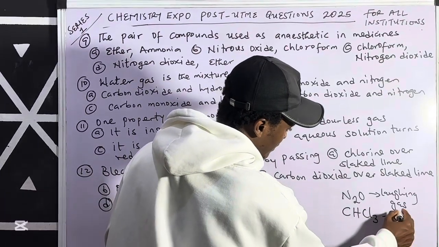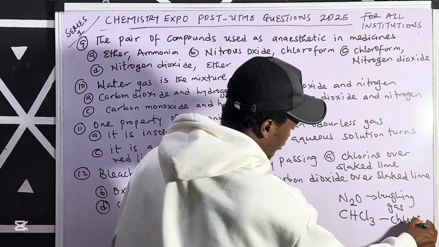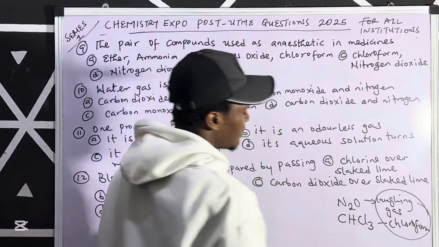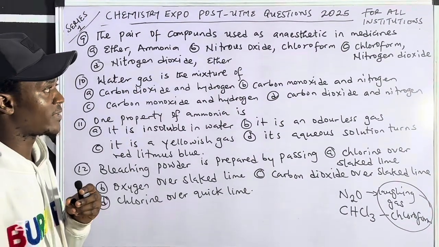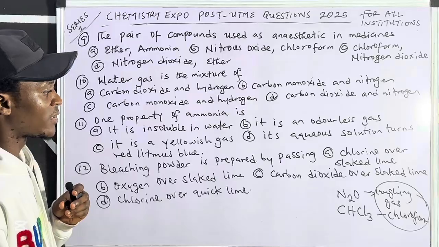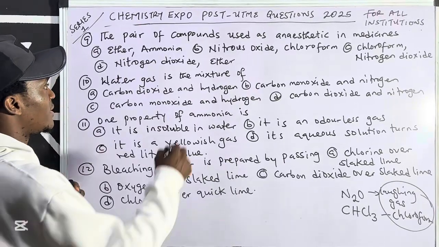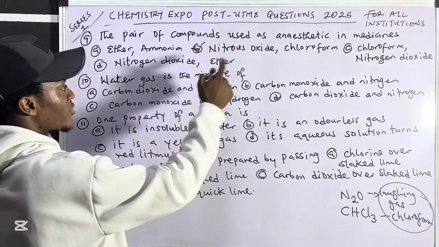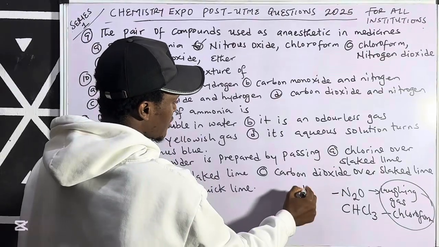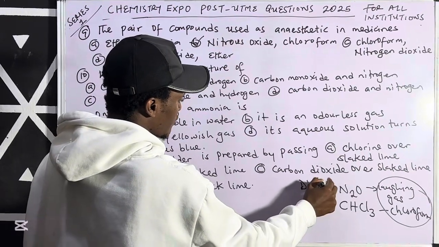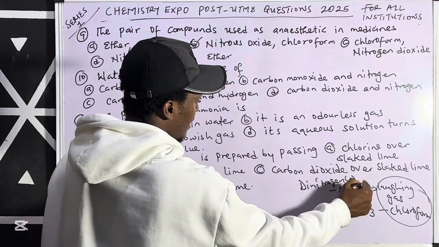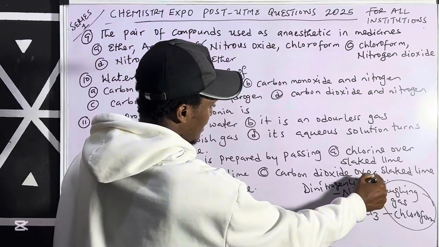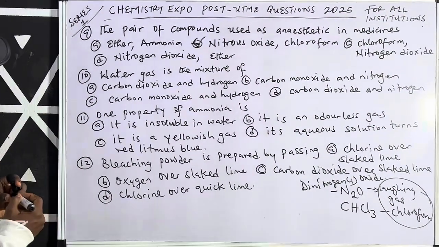So it is commonly referred to as chloroform. Both of them can function as anesthetics, alright, while the others are not part of it. So the correct option to the question is option B, nitrous oxide, which is also called dinitrogen one oxide, also referred to as laughing gas. So take note of that.